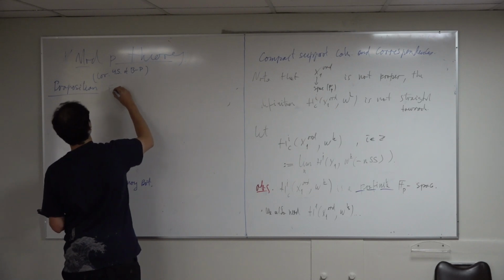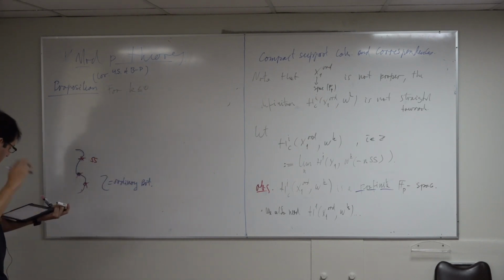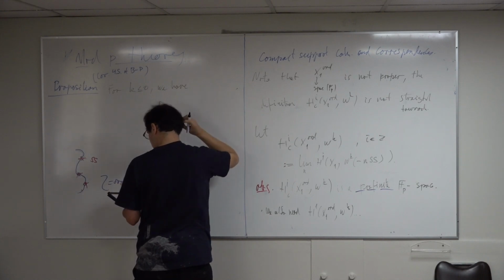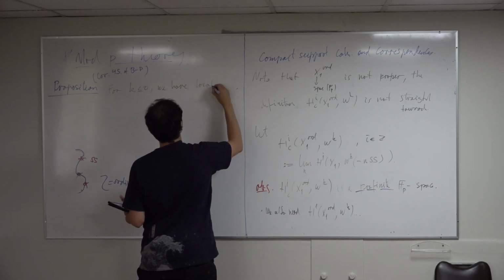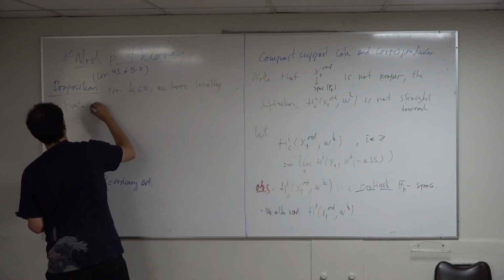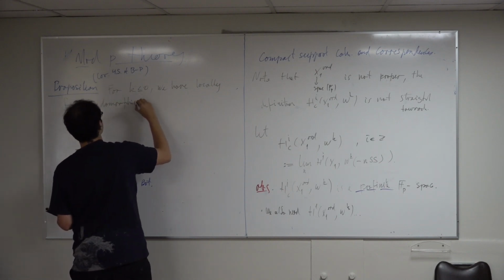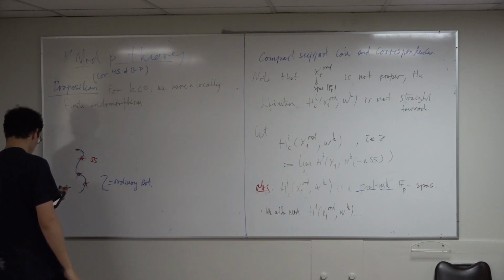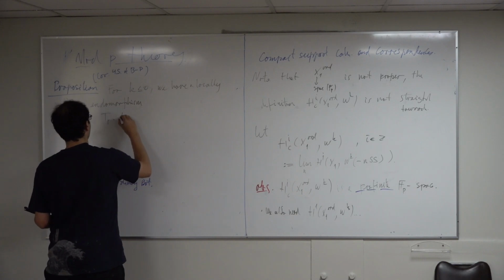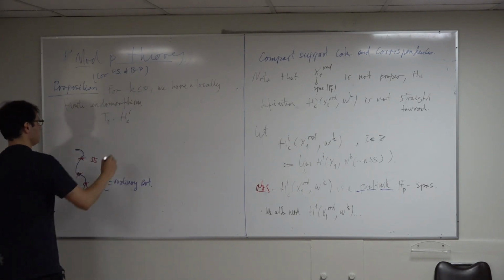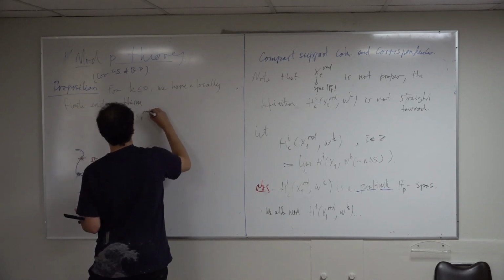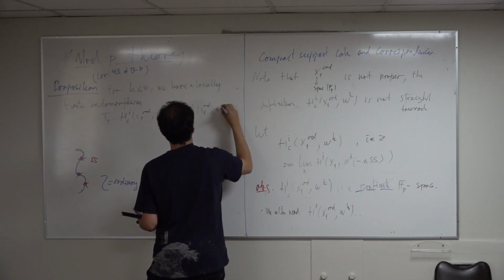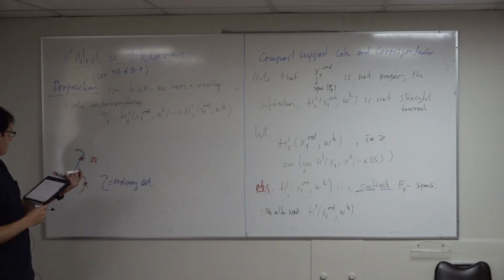For k less than 0, we have a locally finite endomorphism T_p acting on the cohomology with compact support of X_1^ord, W_k.